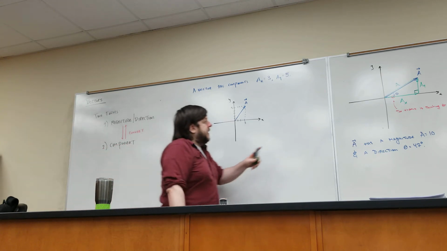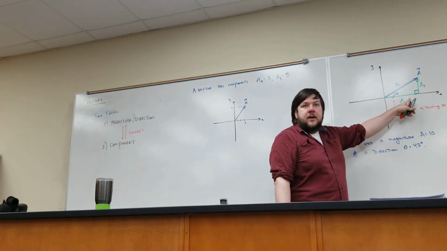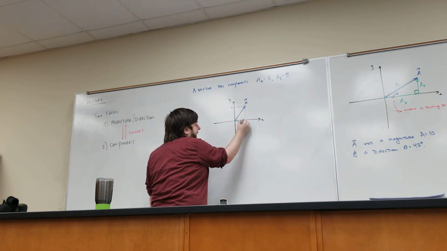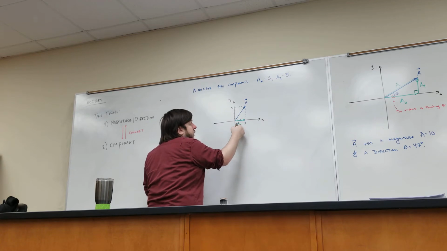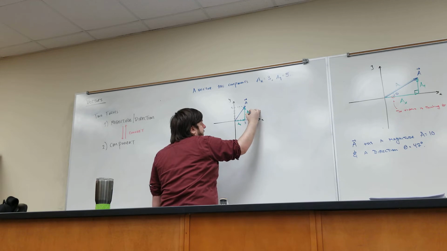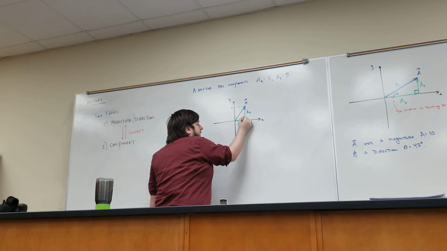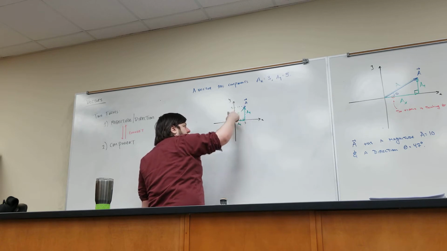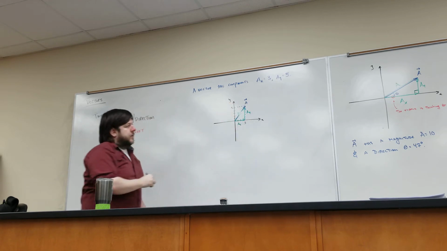I can draw a picture just like I drew here, where I can say that how far this vector points along the x-axis is the x component, which we know, and how far it points along the y-axis is the y component, which we know. And the hypotenuse, once again, is the magnitude, and that forms a right triangle.